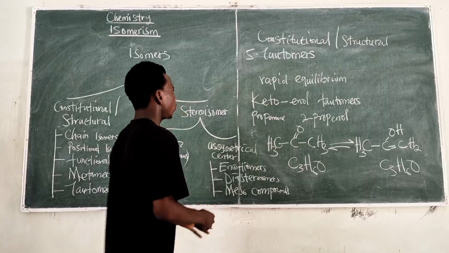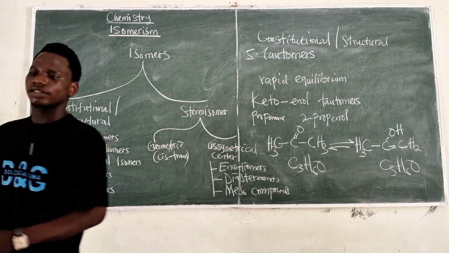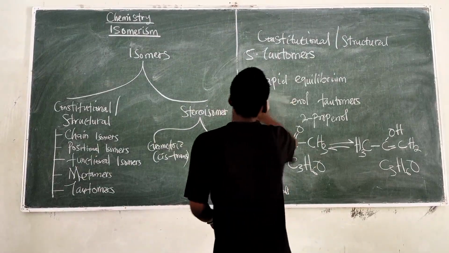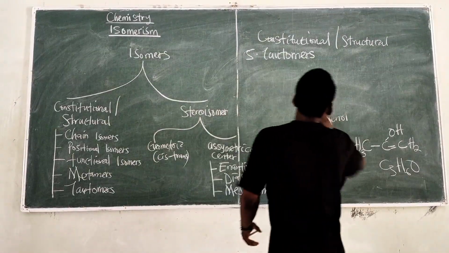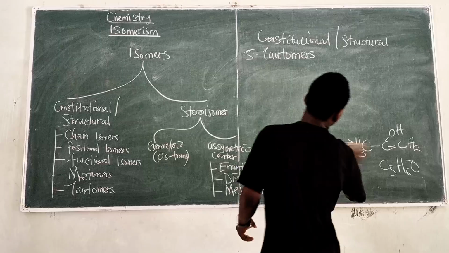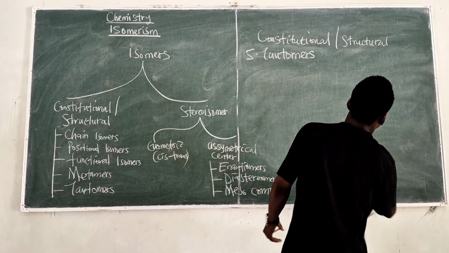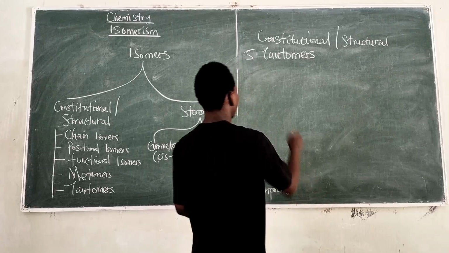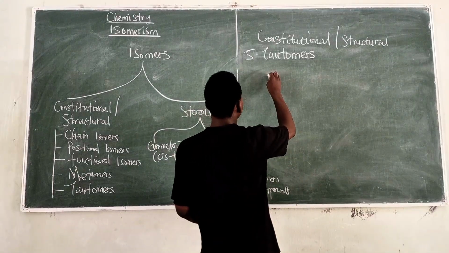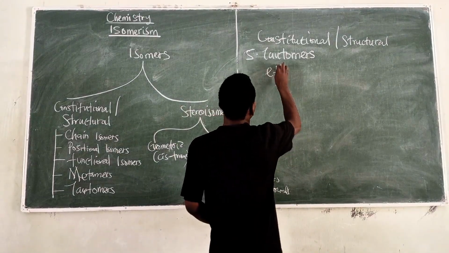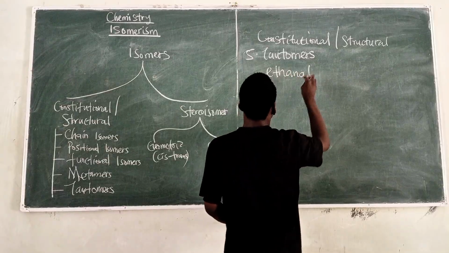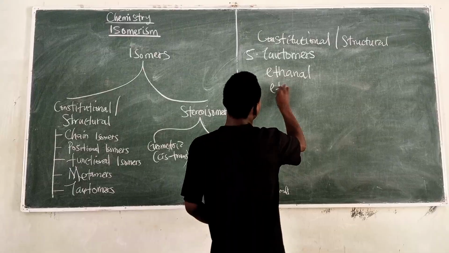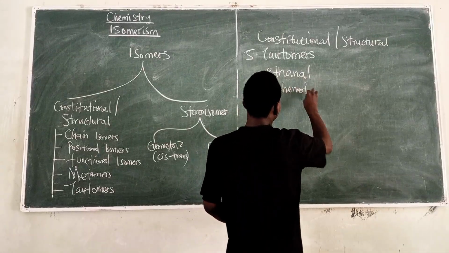Another example of compounds that undergo the tautomer process is found between ethanol and ethanol.